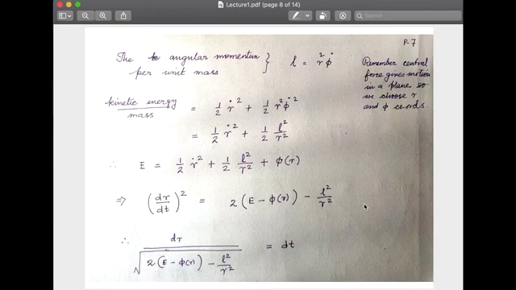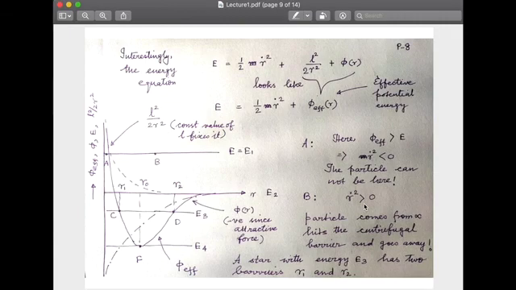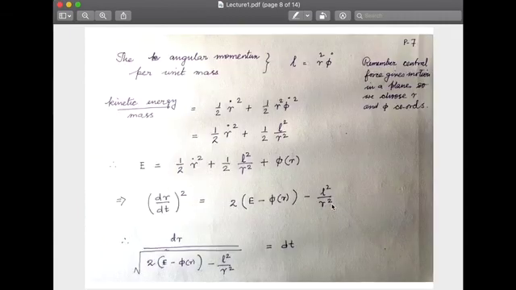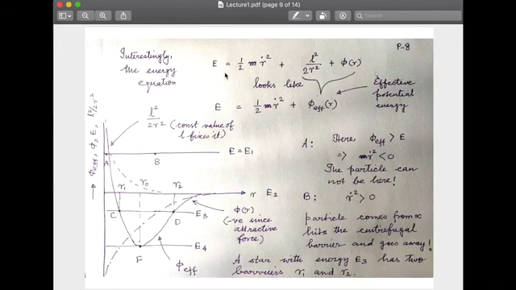Fine. So we'll come back to this expression again, but before that, let us look at the energy equation once more. As we have already said, it has only the r coordinate, it doesn't have the phi coordinate at all. So it looks like a kinetic energy per unit mass for the r coordinate, and then there is this whole bunch of things which depends on r, which I can call an effective potential.